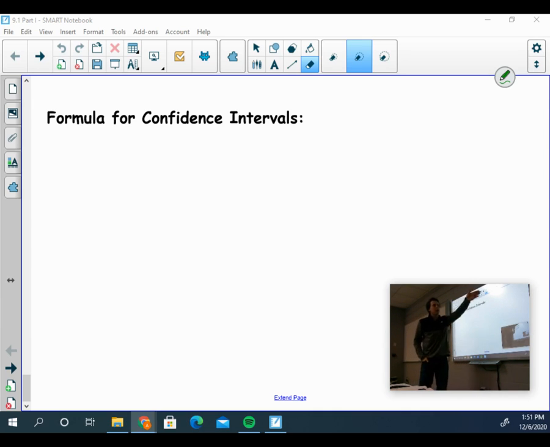If we don't know the exact value, at least we can come up with a range of values that the population mean is between. And the sample mean is going to play a role in that. And the concepts or the theory behind it really go back to chapter 8. If you remember in chapter 8, we talked about the population of all the trout in the pond. Then we had 100 samples, and for each sample we found the mean.